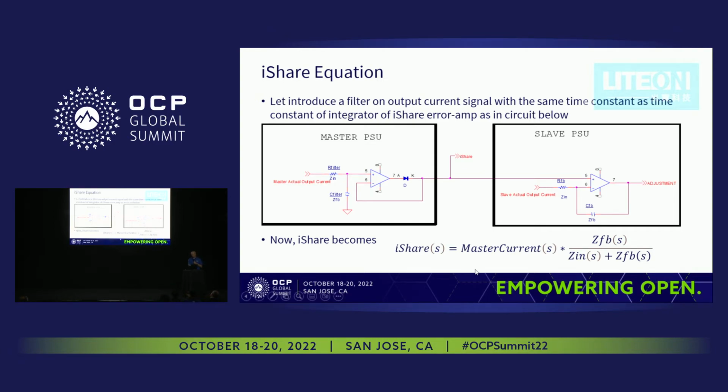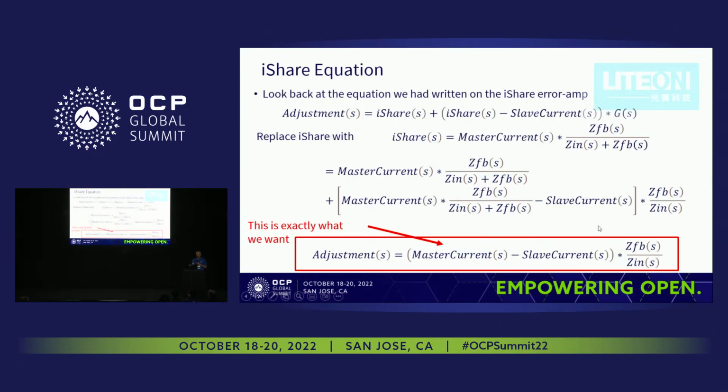So you see here now the iShare equals the master current times the filter. This is the equation of the filter right here. It's basically a voltage divider in terms of frequency. I wrote it as a voltage divider in terms of frequency, and I use this term to put into the equation that I had before.